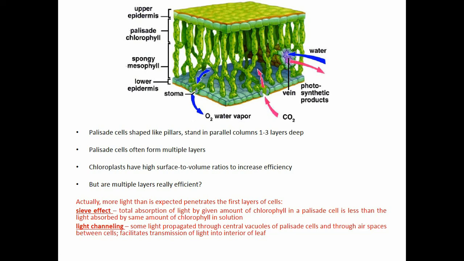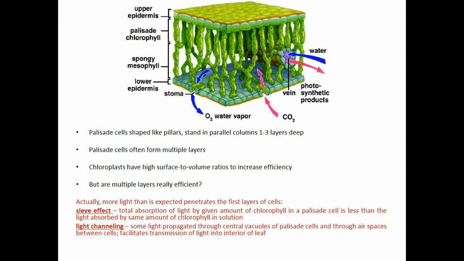But it's also a problem, because this last point asks, are multiple layers really efficient? If you're in the shade, perhaps not, because not everything is going to go down to the bottom.